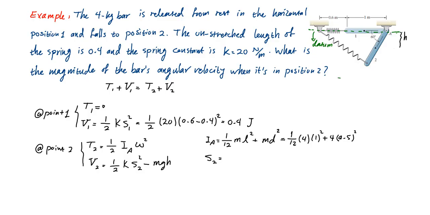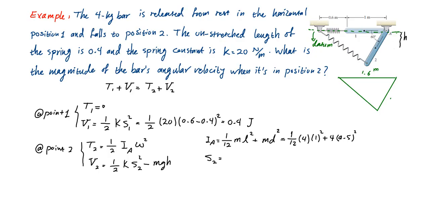If I look at this triangle, it goes this way, and there goes this way. So as good as I could make it. This side would be 1.6 meter. This is the triangle formed by the whole system when we are at position 2.